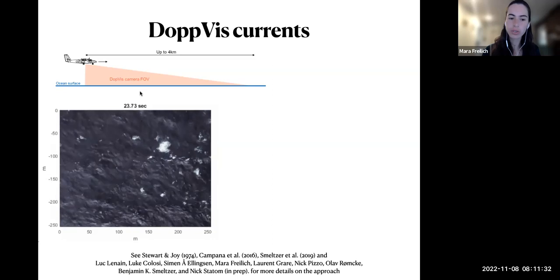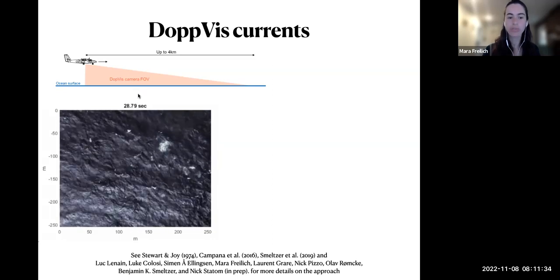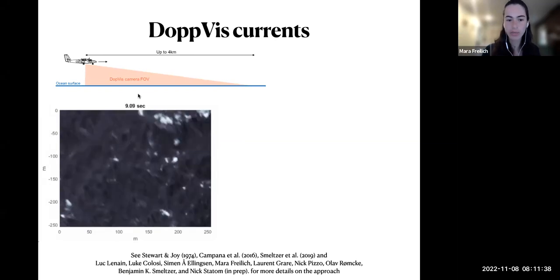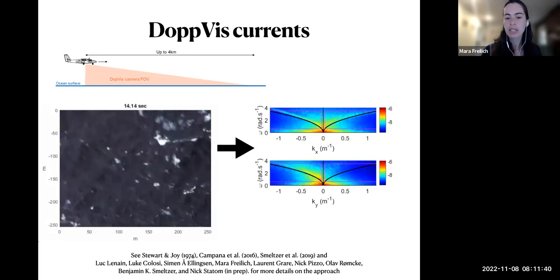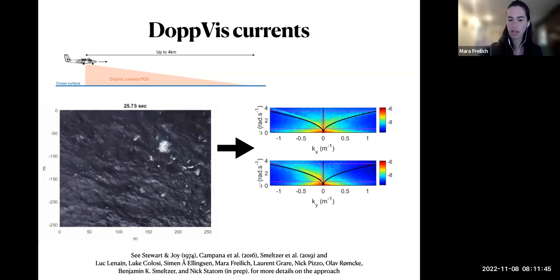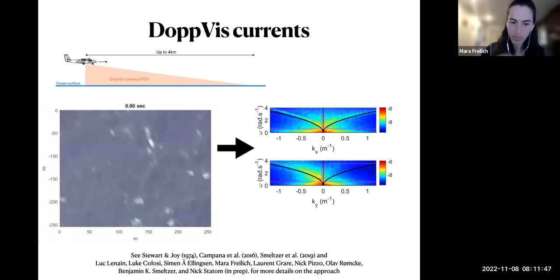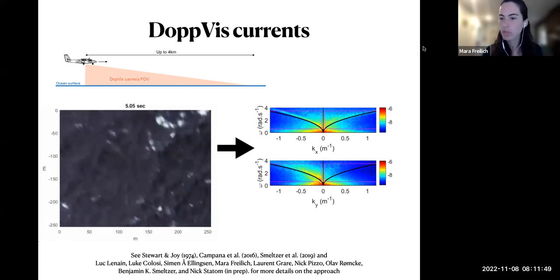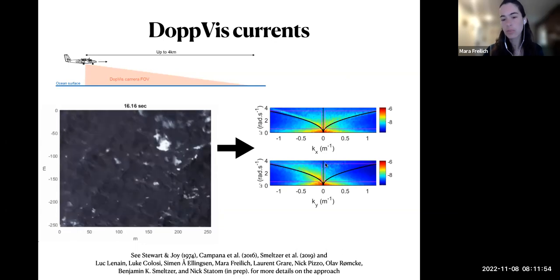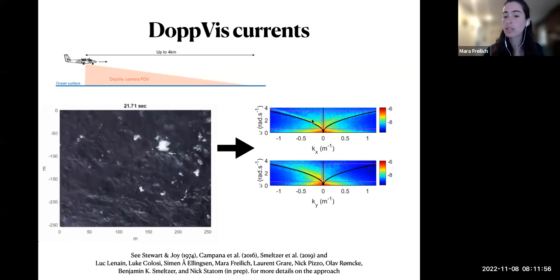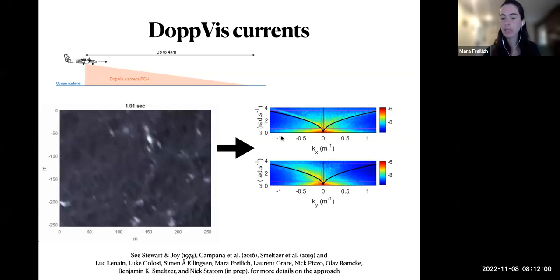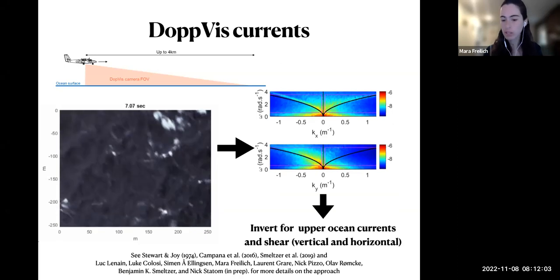And what we do to look at the ocean currents from this video, so this is georeferenced, just a square under the field of view of the plane, is to then take a wavenumber-frequency transform of the video itself, so of the visual observations. And then in this wavenumber-frequency space, the dispersion relationships of the surface gravity waves show up very clearly, but they are Doppler shifted.